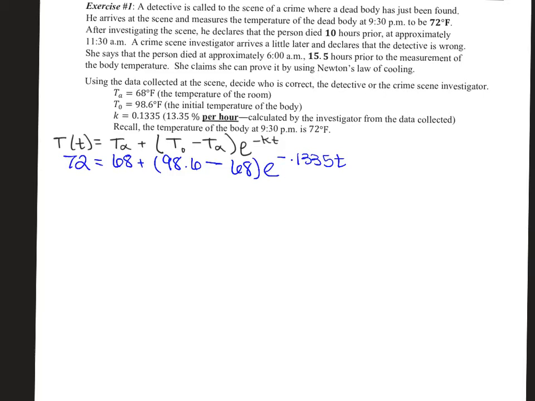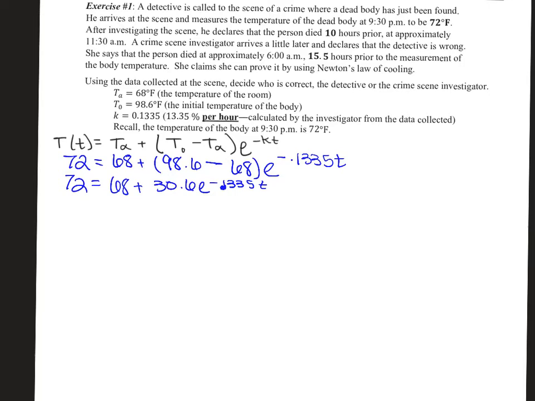So I'm going to simplify. First and foremost, I am going to simplify what is in my parentheses there, so I have a single number, which is 30.6 e to the negative 0.1335 t. Let me just make that a little bit bigger there. All right.